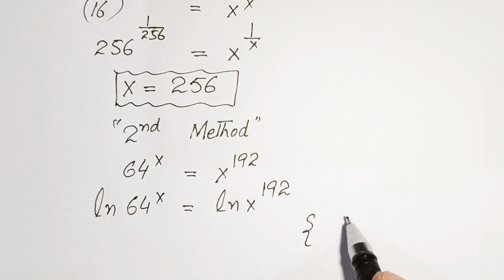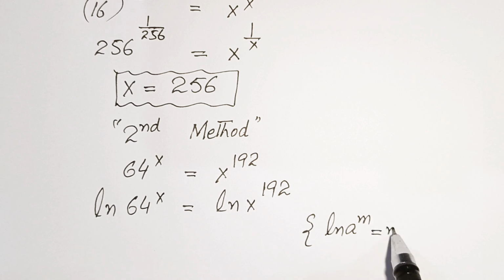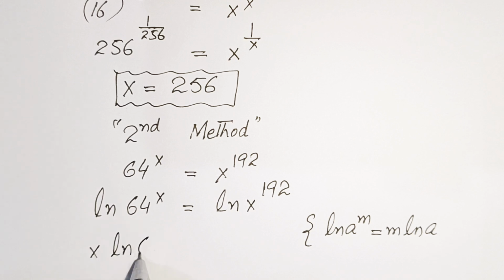As we know that natural log of a to the power m is equal to m natural log of a. So here it can be written as x times natural log of 64, which is equal to 192 times natural log of x.